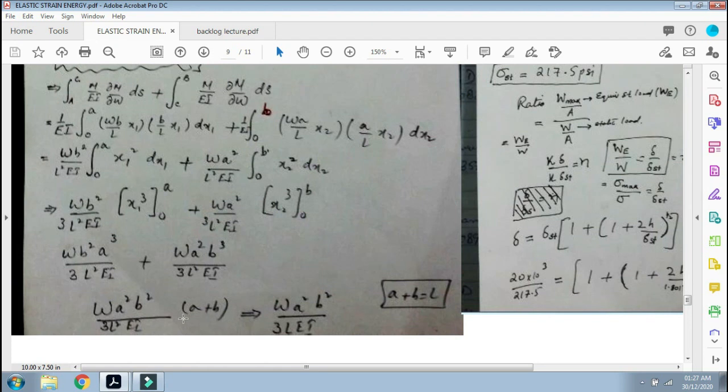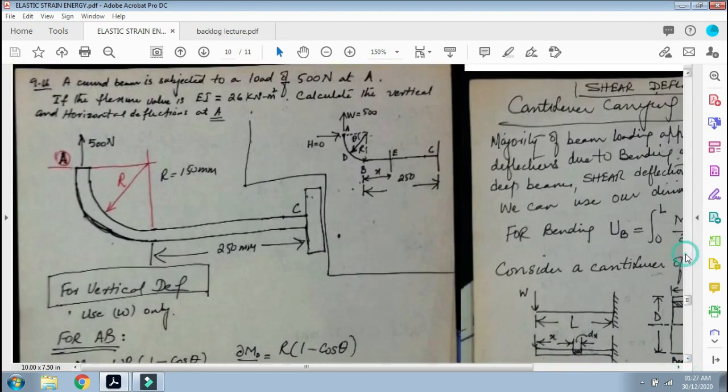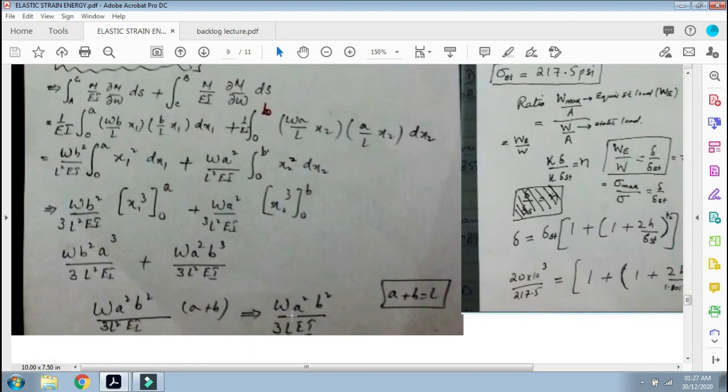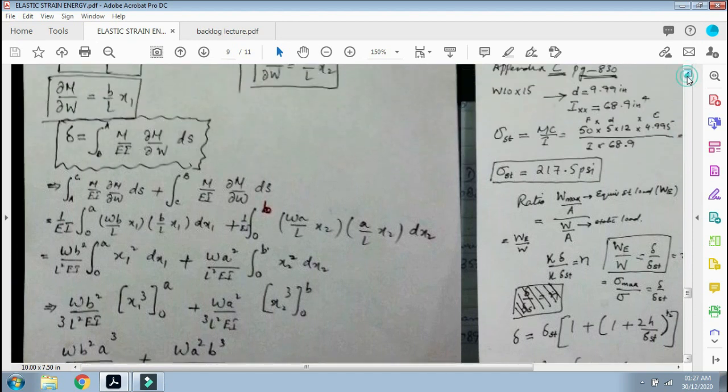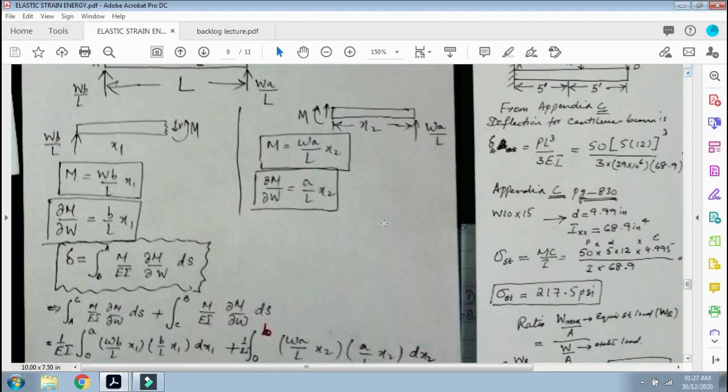And a plus b is nothing but the length of the beam. So the deflection comes out to be Wa²b² over 3LEI, which we have calculated from Castigliano's first theorem. This is how we apply it.